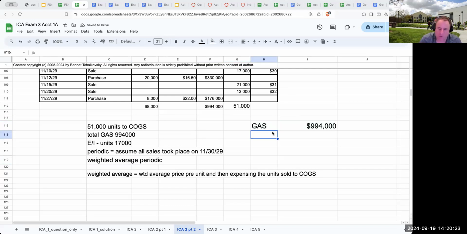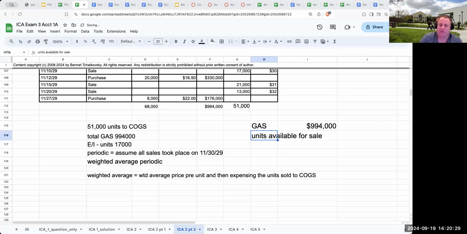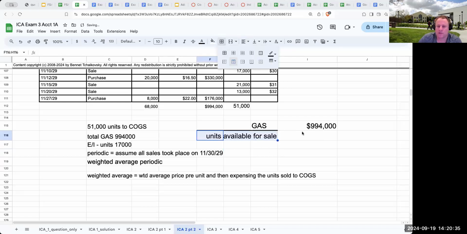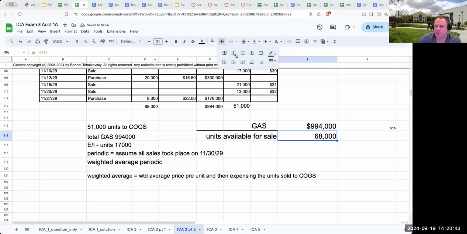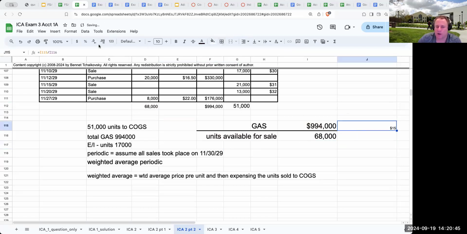That was the total amount of my goods available for sale. How many units available for sale did I have? Well, I had a total right over here of 68,000 units available for sale. So my weighted average cost per unit, or the average cost that I basically paid for these items, is going to be a nice unround number.